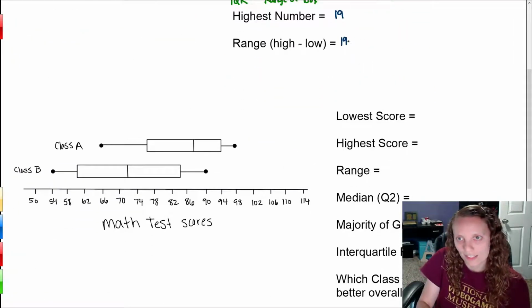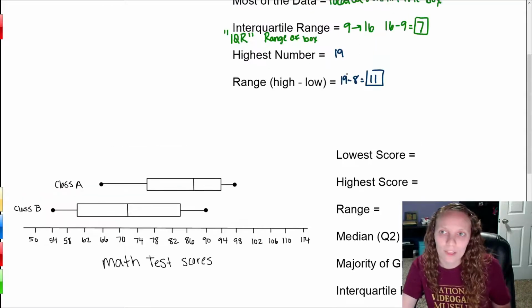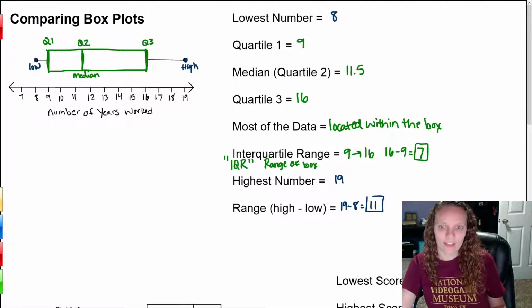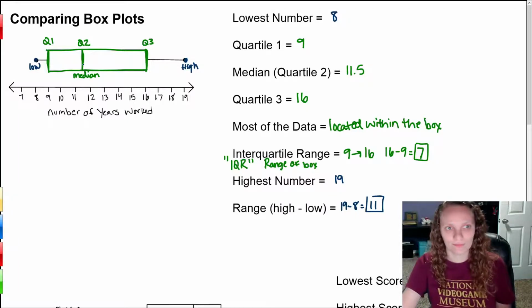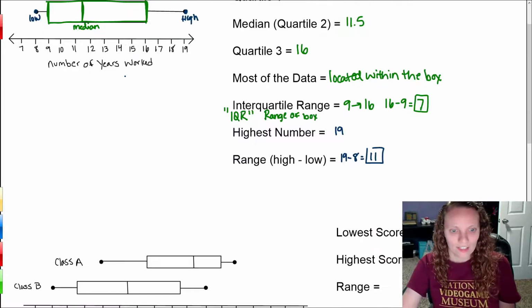So 19 minus 8 is 11. The range of the whole entire picture is 11, and the interquartile range of the box is 7. So there's a review on box and whisker plots.